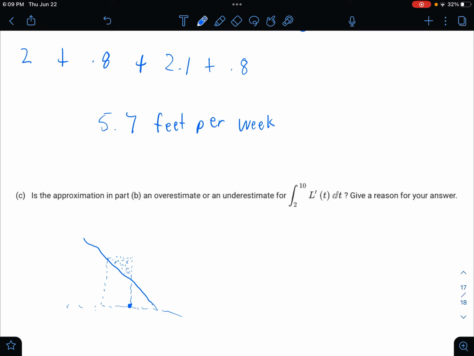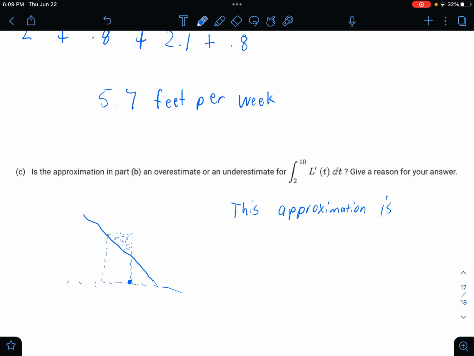So we can write this approximation is an overestimate.